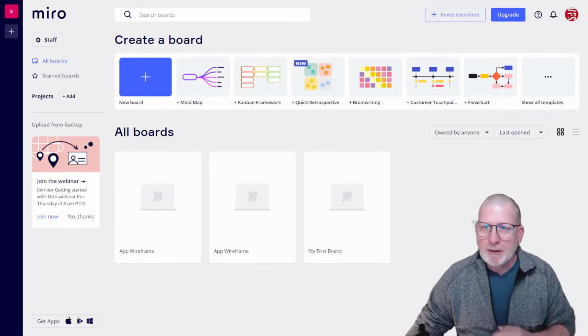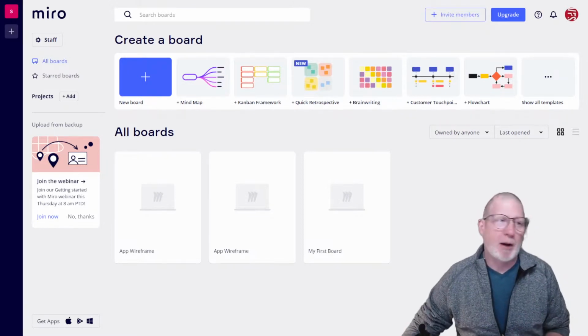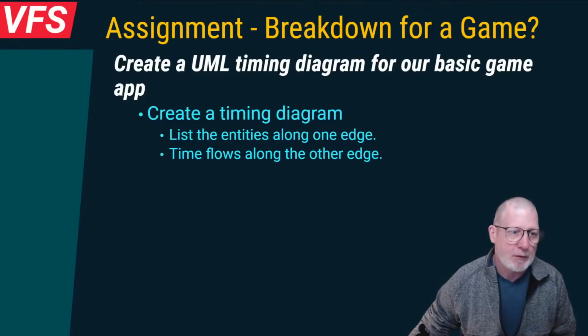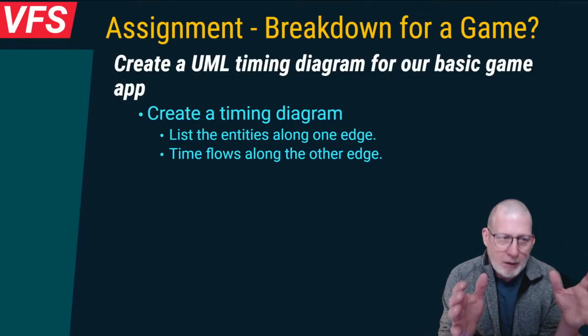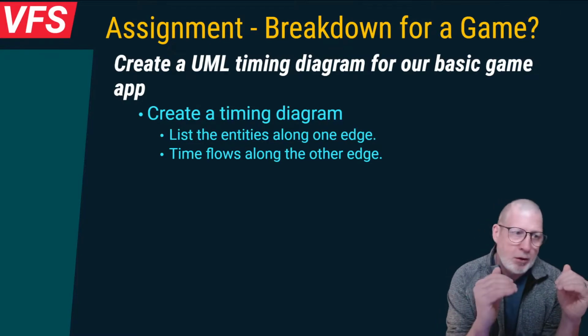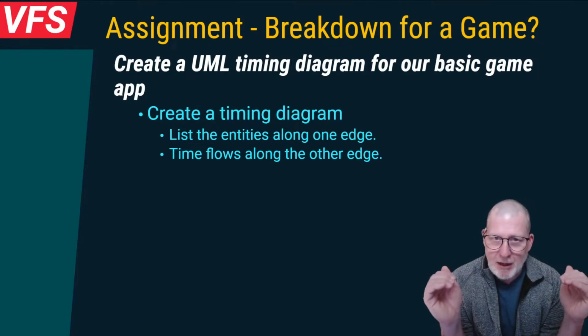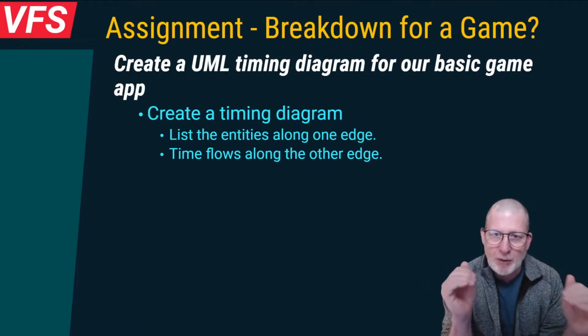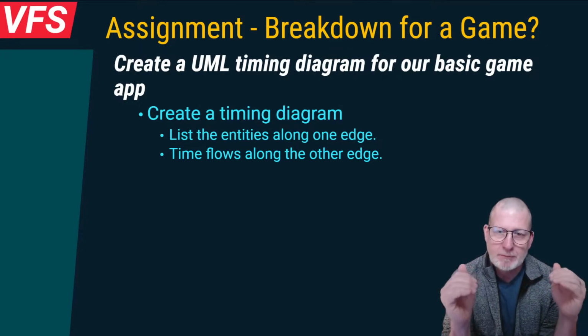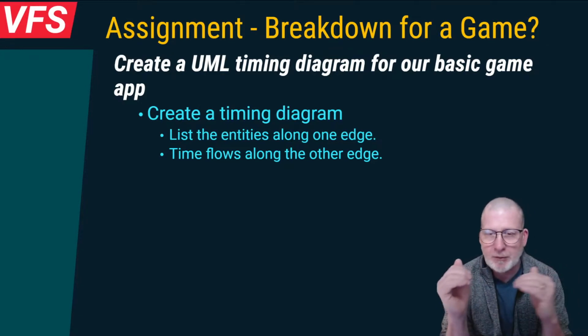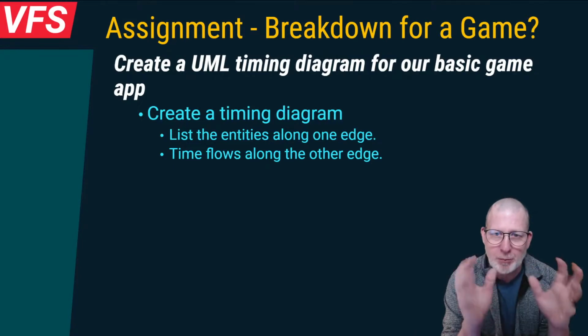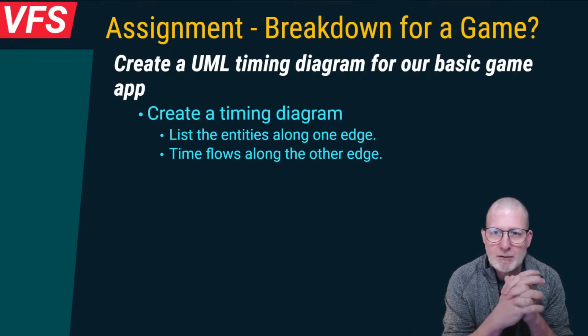Now, as you create that timing diagram, you're going to list all the entities across the top. So instances of, at runtime, what would you have? A player versus the player object or the player class.